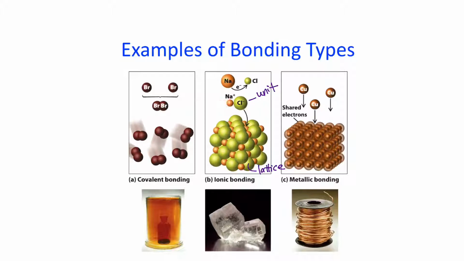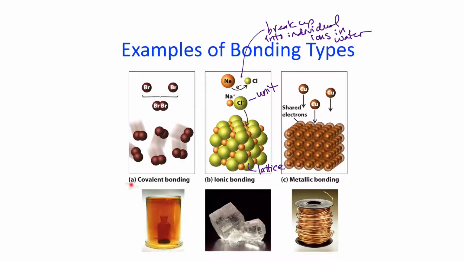What you'll have floating around in your water are individual Na+ ions and individual chloride, Cl-, ions. We'll see later that those are going to be associated with a bunch of water molecules, but they will break up into their separate ionic parts. So ionic compounds break up into individual ions in water. It's an important characteristic of ionic compounds.